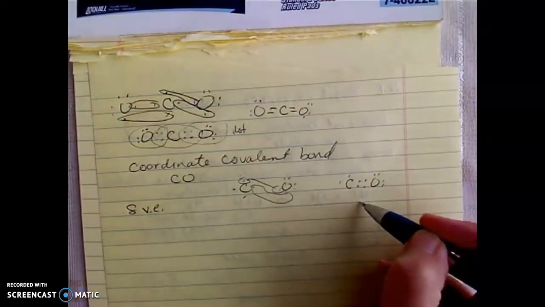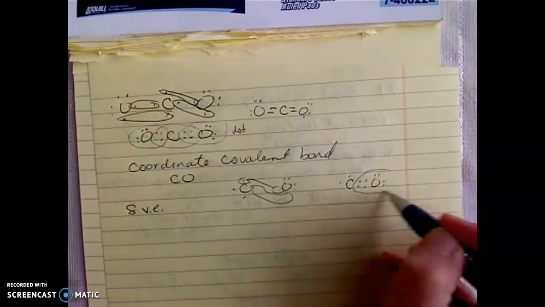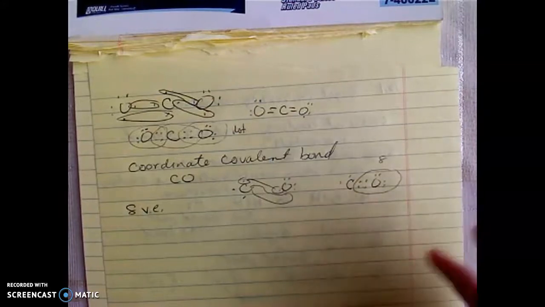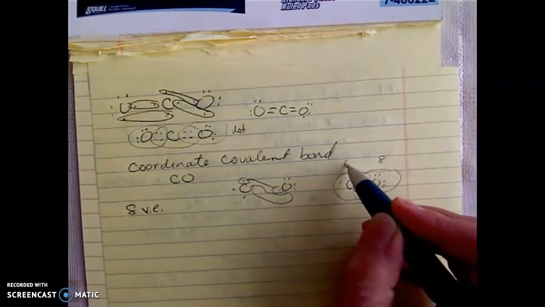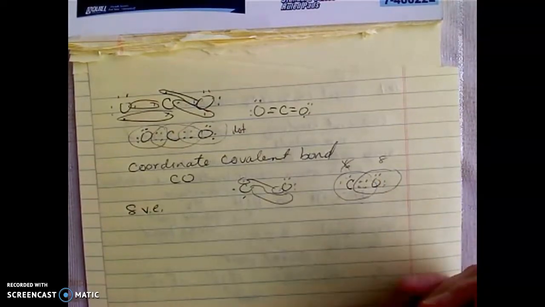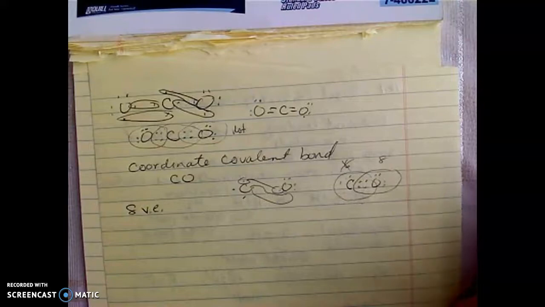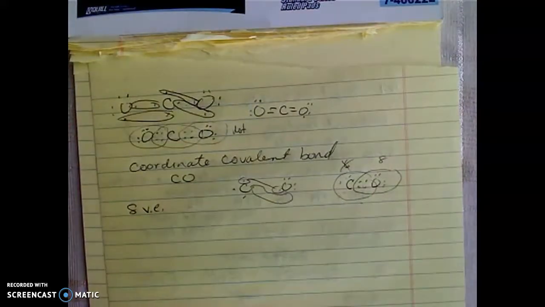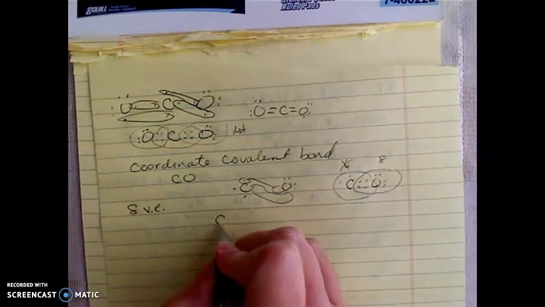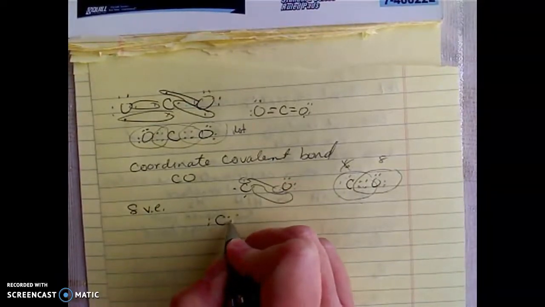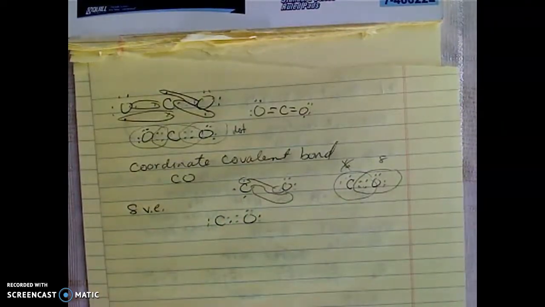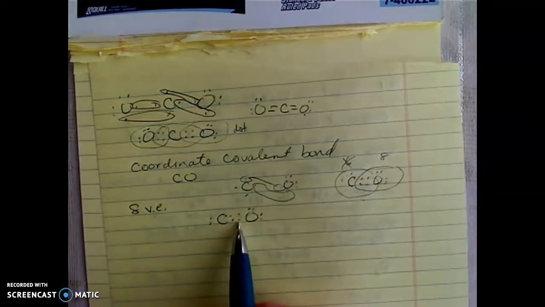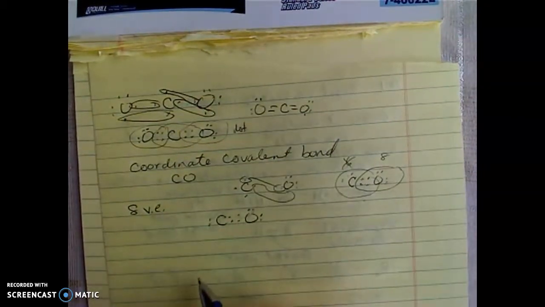That's not working here. If I look at my oxygen, 2, 4, 6, 8, that's great. But I come over here and I have 2, 4, 6. That's not good. That's not acceptable. That's not stable. That's not what's going to happen. Carbon needs 2 more. So if I take this structure and say, how can I rearrange these electrons in such a way that they'll have 8? Well, carbon only has 6. Carbon is the one that needs more.